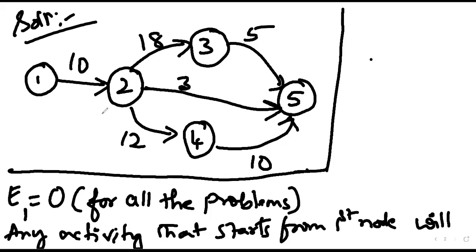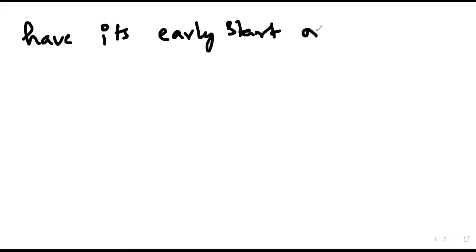But for early start, it will be in the forward direction, from the left side to the right side. The first node will have its early start on the 0th day.